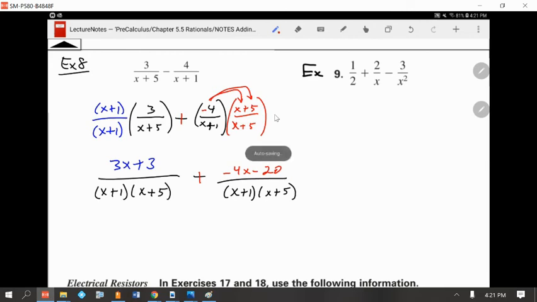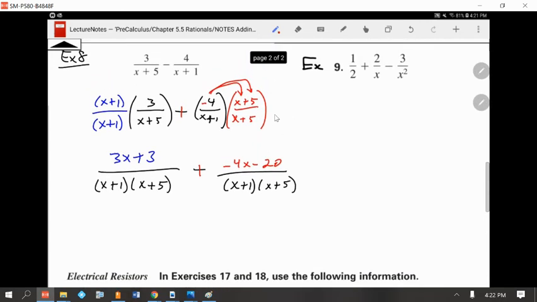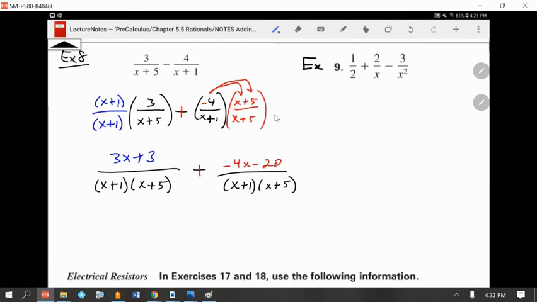It's very possible that I screw one of these up. You know, that would be terrible. That's what happens when you make up a bunch of problems and you haven't worked them out yet. So now I go across. Negative 3x minus 4x is negative x. What is 3 minus 20? Negative 17. All over x plus 1, x plus 5.